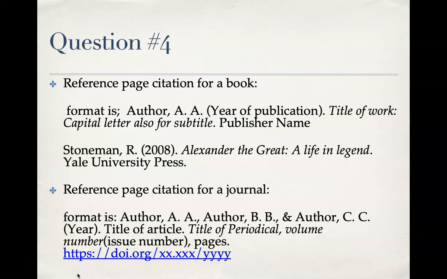So for a book, the format, and this comes directly from the OWL at Purdue, the format is to have the author, comma, first initial, second initial if they have one, in parentheses the year of publication, and a period. Then you italicize the title of the work, with a capital letter if it has a subtitle. If it's just Jones, comma, V. R., 2010, The Book of Job, it has no subtitle, so that's all you put.